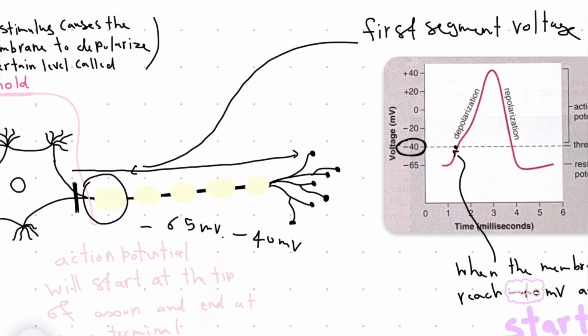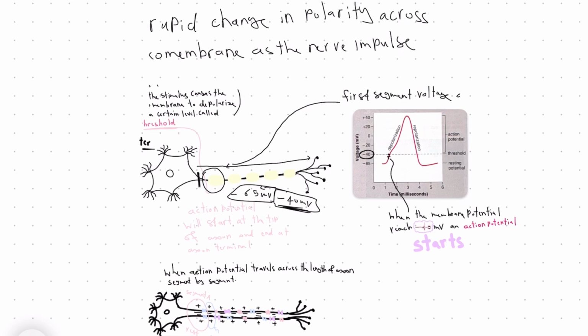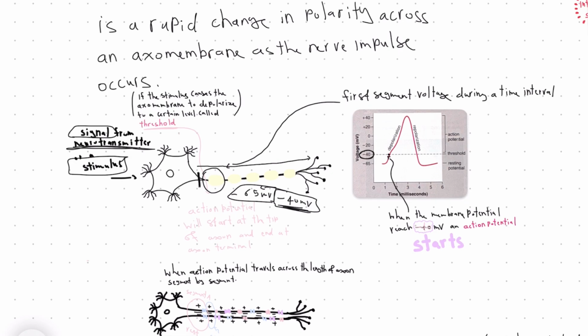Negative 40 millivolts indicates that the inside is negative with respect to the exterior, but it is less negative than before.